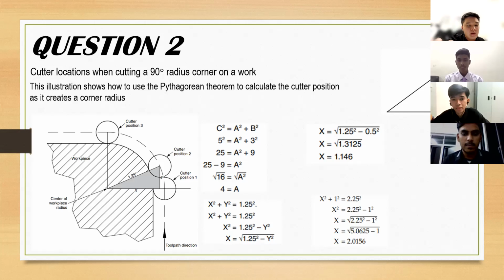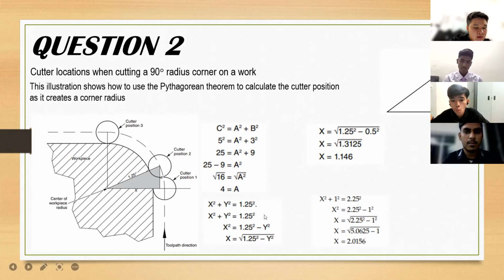Substituting 0.5, x equals the square root of 1.25 squared minus 0.5 squared. We get x equals the square root of 1.3125, so x equals 1.146.